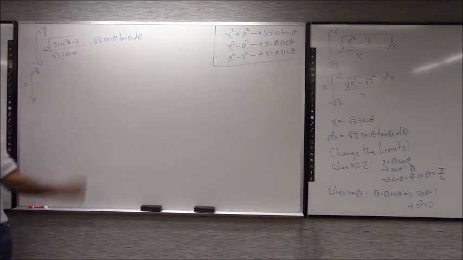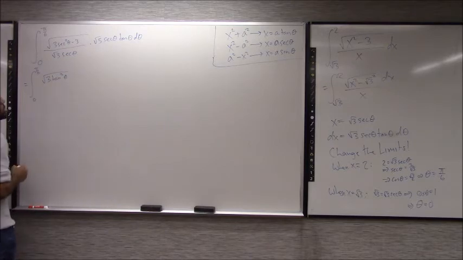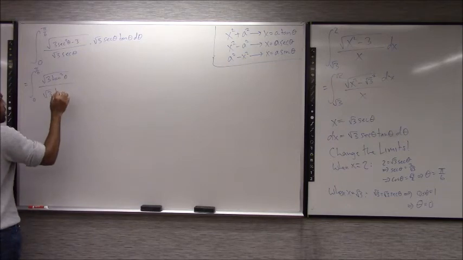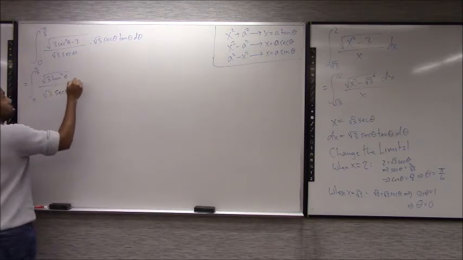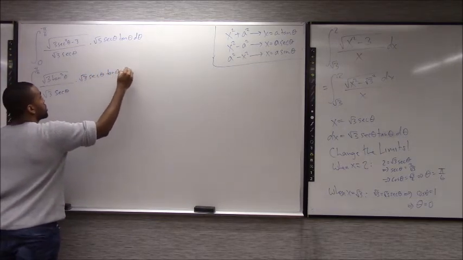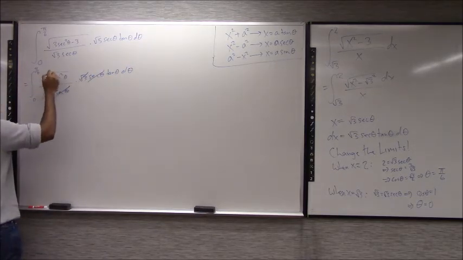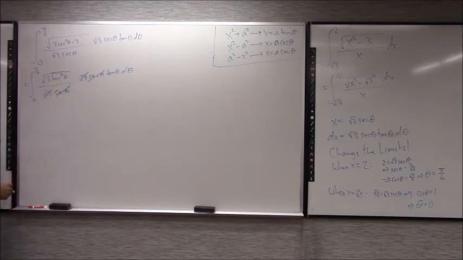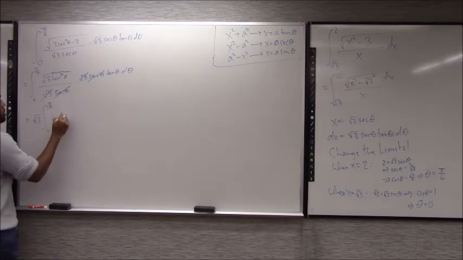So this guy would just turn into basically radical 3 tangent squared theta. So this cancels, that cancels, this cancels. And so basically now I have radical 3 times the integral from 0 to pi over 6 of tangent squared.